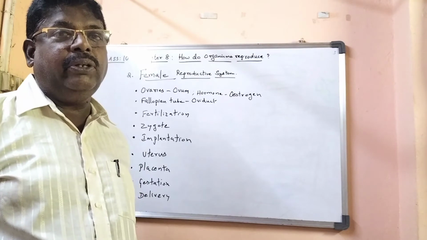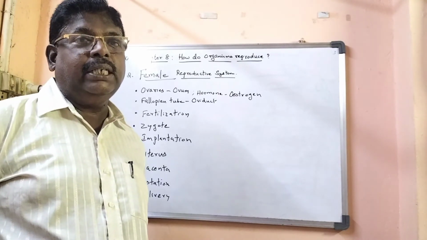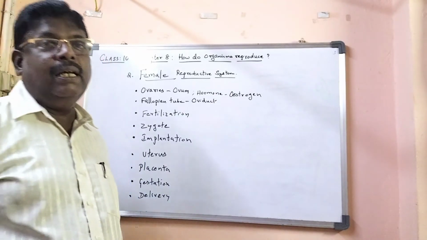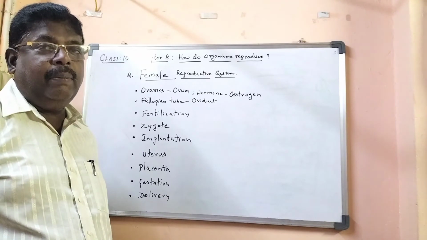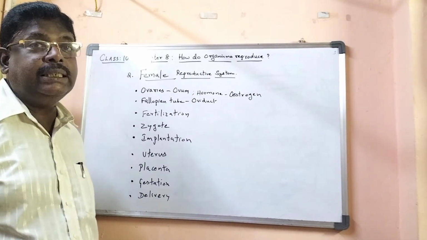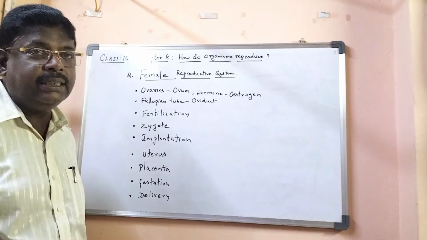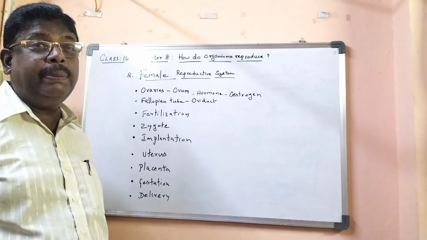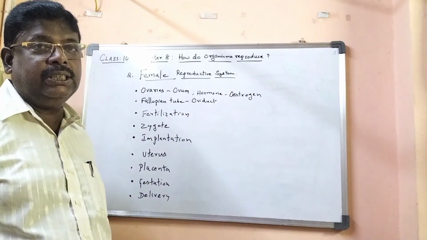The inner lining of the uterus becomes thick and richly supplied with blood vessels, expecting that embryo formation will occur, so the uterus is prepared to receive the development of the fetus or embryo.